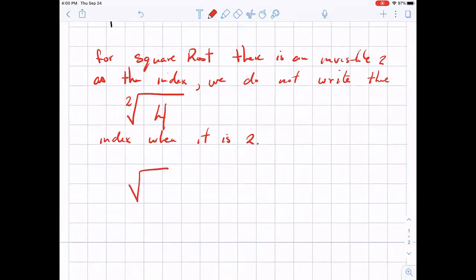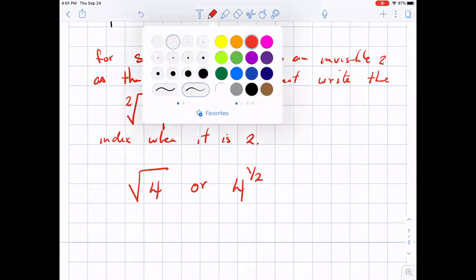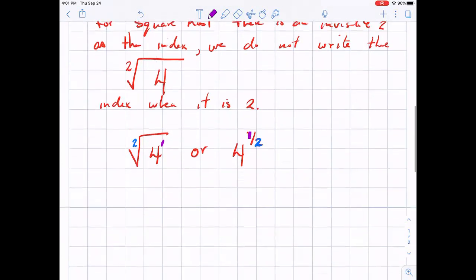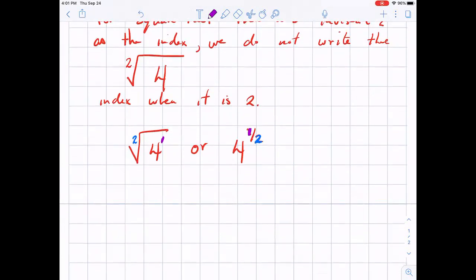So the square root of 4 or 4 raised to the 1/2 power. And the reason I'm going to use some colors here, there's a 2 here. This 2 is the denominator of the fraction. And the power of the number, that's what goes in the numerator. So that's the rational exponent.